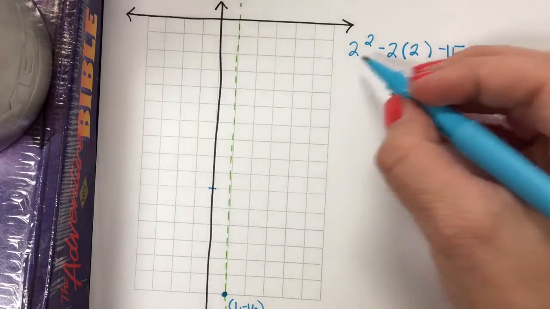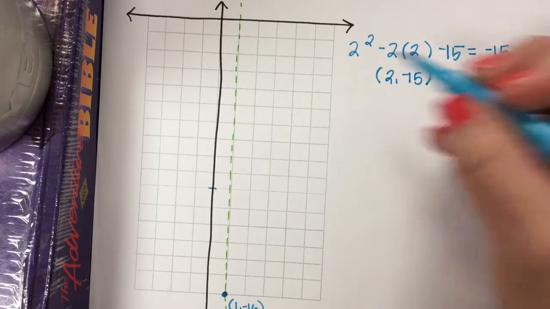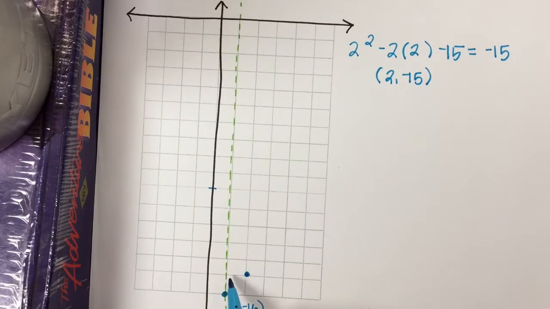That gives me the point 2, negative 15. This is 1 to the right. Because this is the axis of symmetry, and symmetry means the same on both sides, I'm going to go 1 to the left. That's the beginning of my parabola.